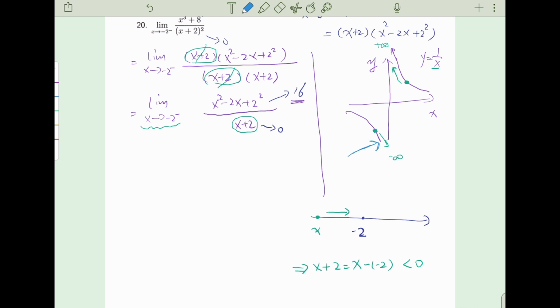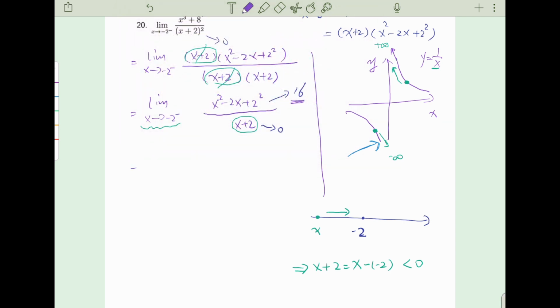This point's x-coordinate is approaching 0 from the left side, from the negative side. So it results that the reciprocal, the y value, is going to negative infinity.